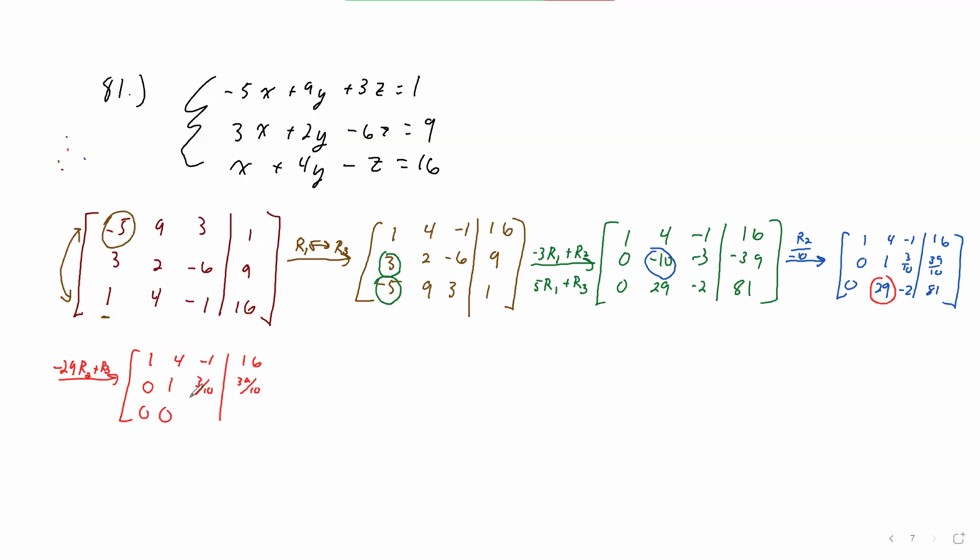All right, so we're going to take 3/10 times 29, which is 8.7. -8.7 plus row, so plus -2 gives me -10.7.